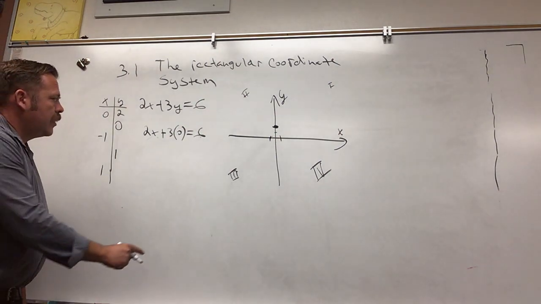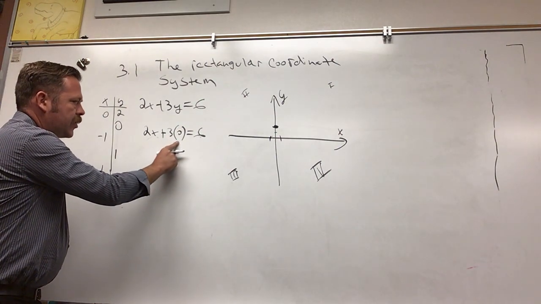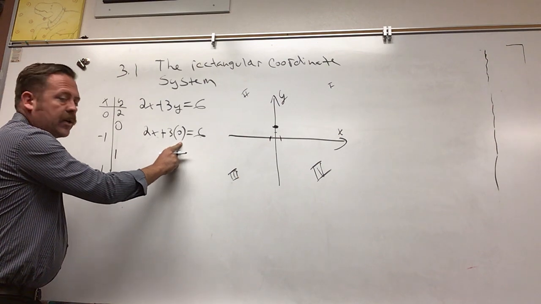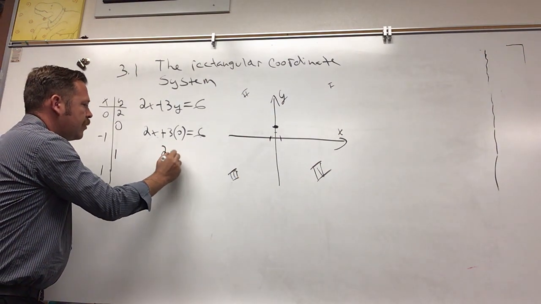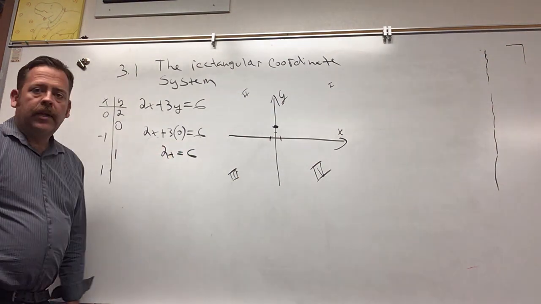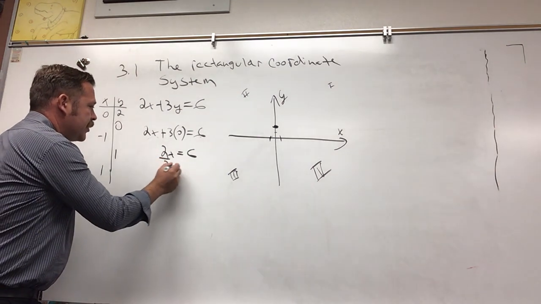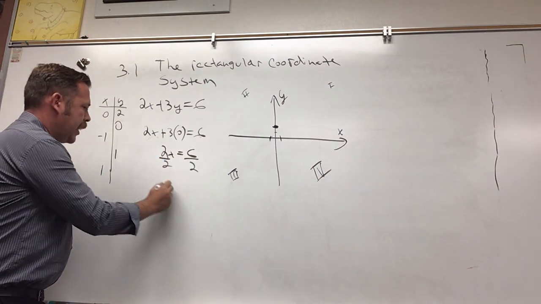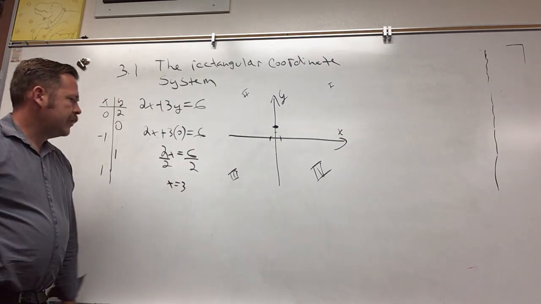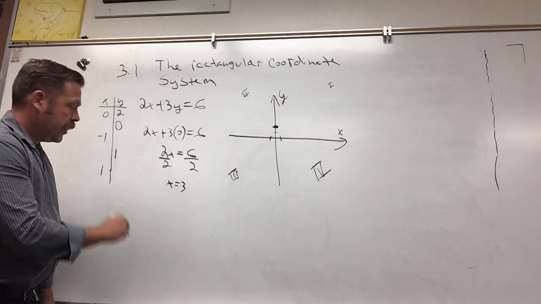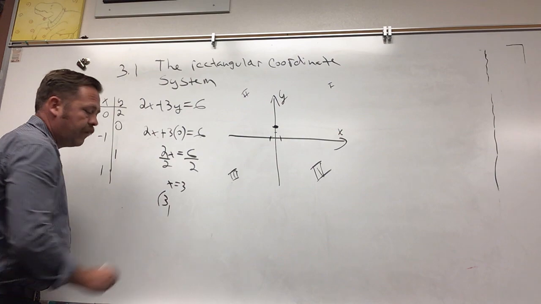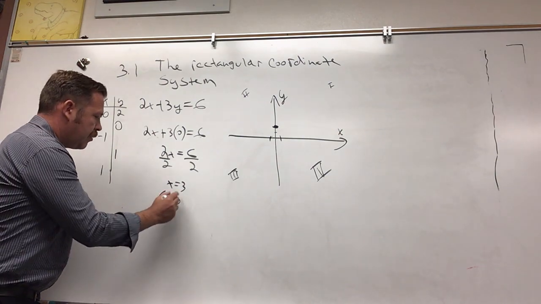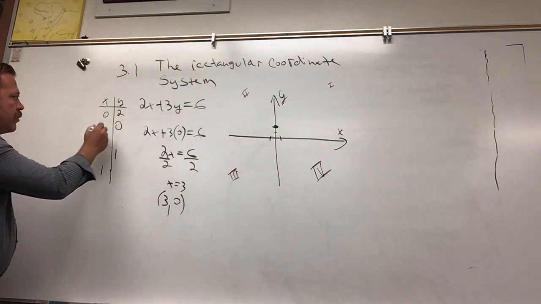Well then, this time, we'll simplify, this term's going to go away because when we're adding 0, that's not really adding anything. So I get 2x equals 6, and then I will divide by 2, and x equals 3, and then my coordinate is 3 for x, 0 for y. So that's right there.